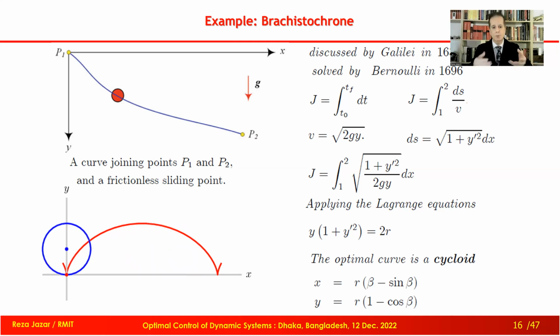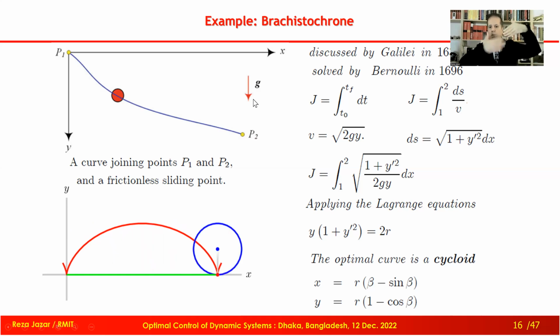Bernoulli said that assume that we have gravity, G, okay? And in a vertical plane, there's a point called P1 and another point called P2. So this is initial, this is final. And between these two, we have a wire. The shape of the wire is not going to change. Let's assume that this wire is made of metal, and it is not like a chain.